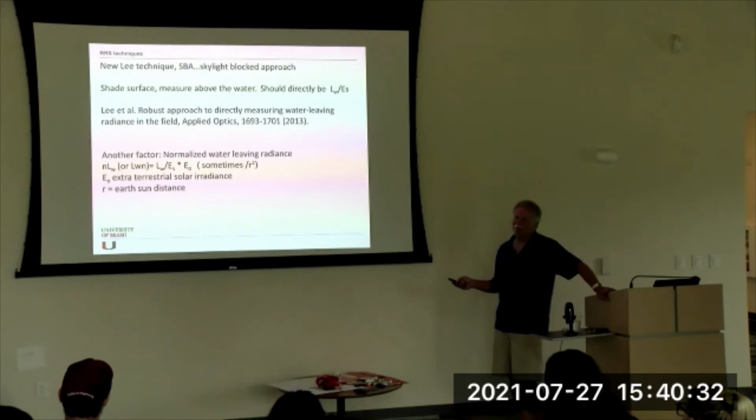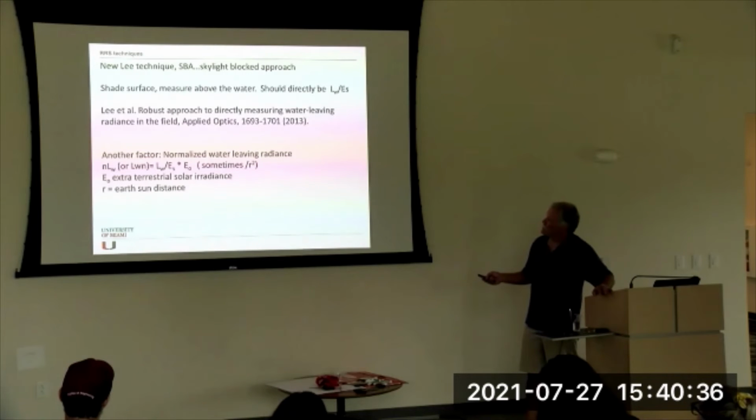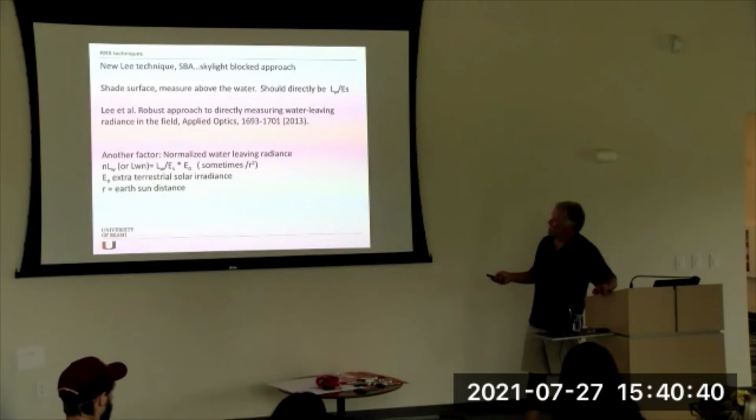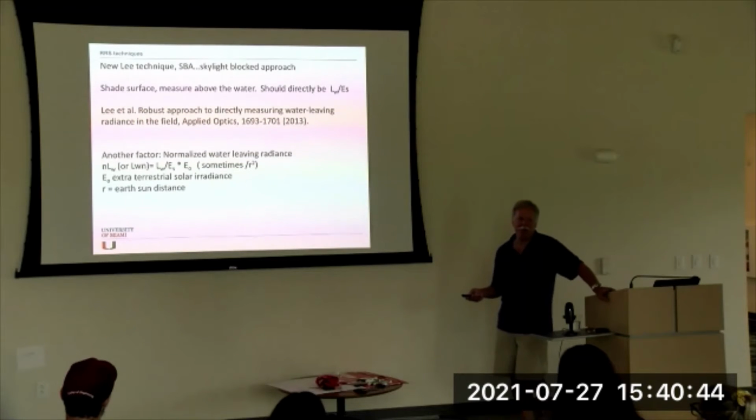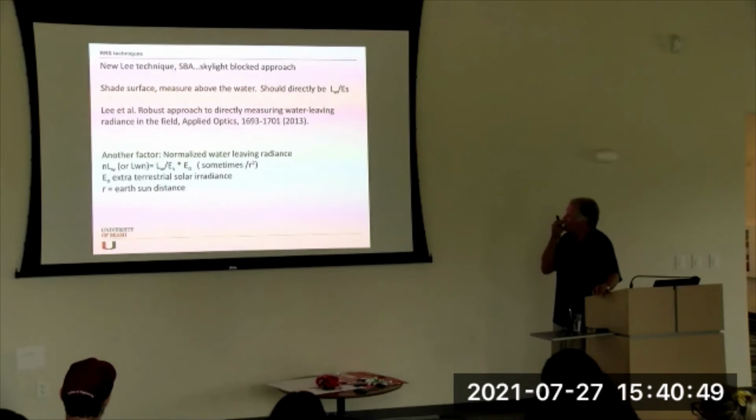The only thing left is the inverse steradians. That's for remote sensing reflectance. If you put the E0 back here, you get back the microwatts per centimeter squared per nanometer, and you still have these steradians. Okay. So there's that.